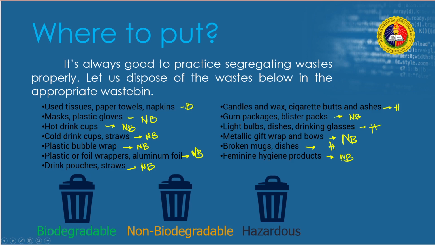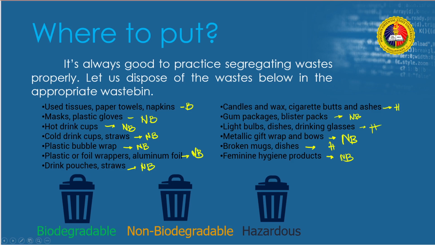All right. So that's the same thing in variables, especially when we'll be using data types. We have to understand the values that a variable may contain, so we can declare it with a proper data type. The same with segregating this waste. We're able to segregate them separately according to its type.